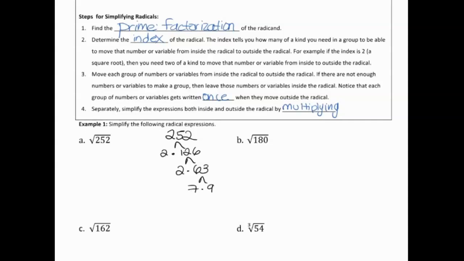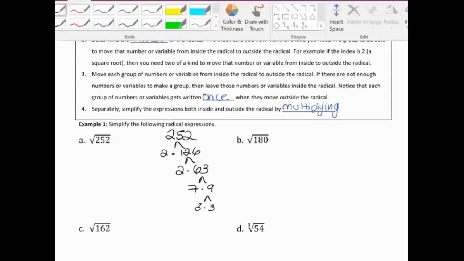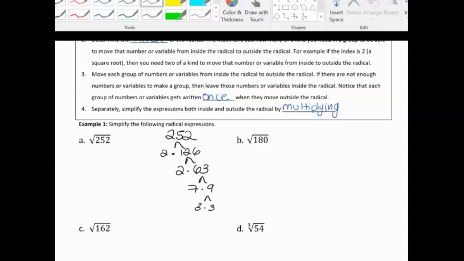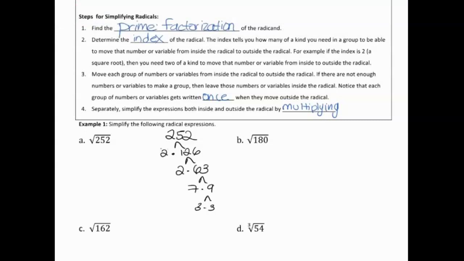The 7 is already prime, but the 9 we can break down further, which is going to be 3 times 3. Now the prime factorization consists of all of the prime numbers from the factor tree. In this case, it's 2 times 2 times 7 times 3 times 3.